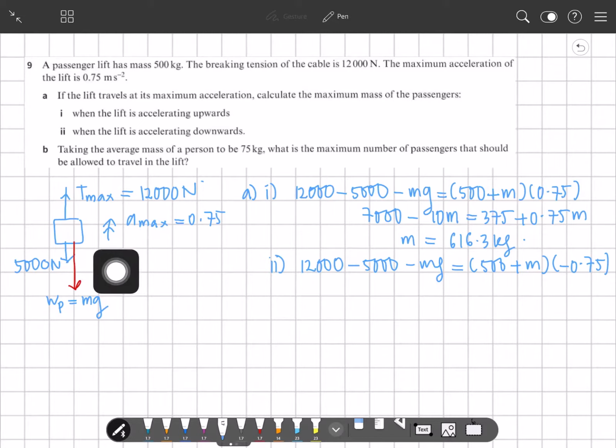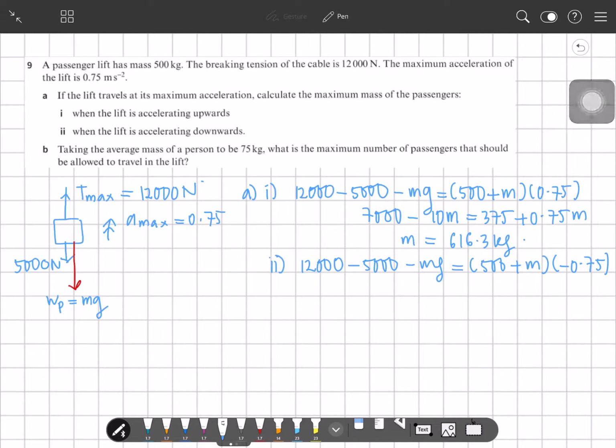Why do we take a negative value? Because in the first part we assumed going upward is the positive direction. So when we have accelerating downward, the value of acceleration is now equal to negative 0.75. Need to be careful with this value of acceleration.